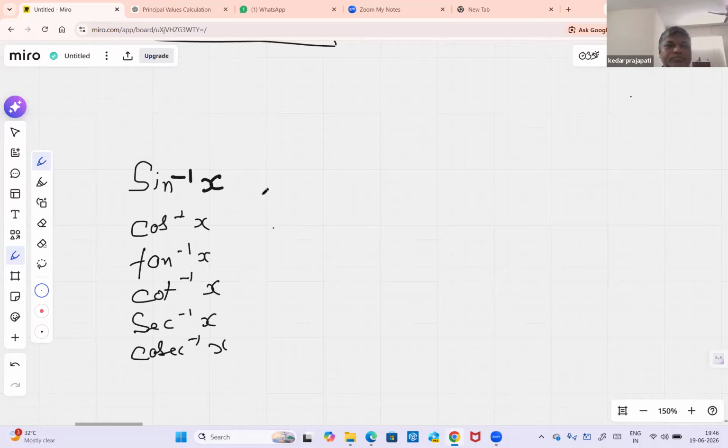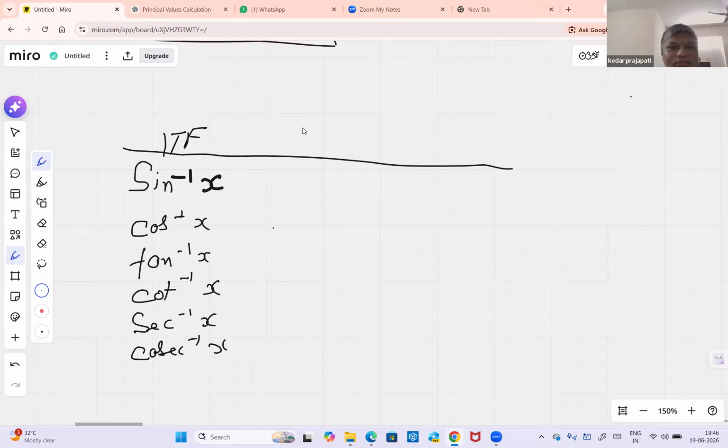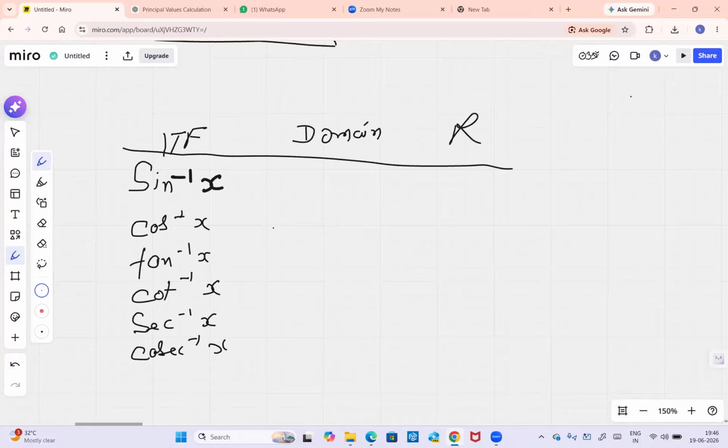So now these are inverse trigonometric functions. We need to know the domain and range for all.